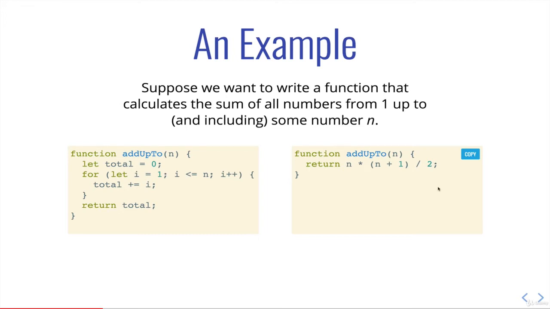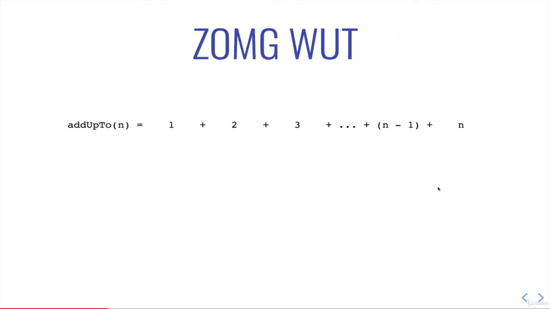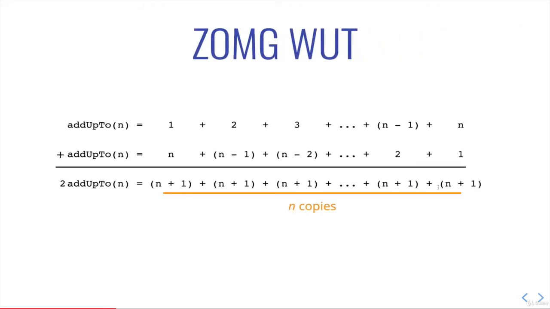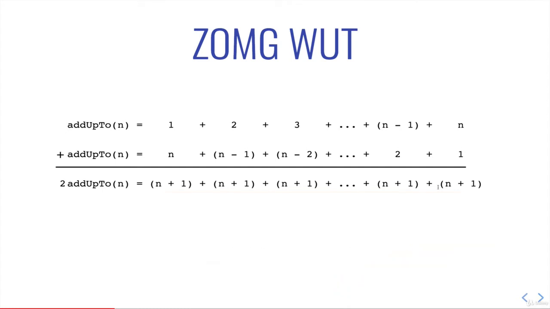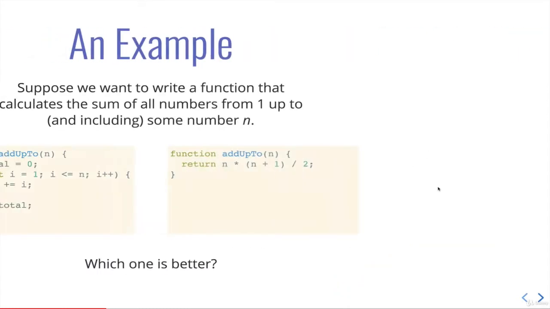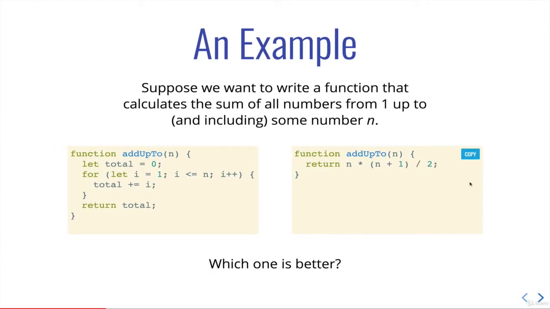And where this is derived from, I'm not going to go into. I do have a slide that talks about how we arrive at this formula. If you want to check it out, you can, but it's not the focus of this video. I don't want to distract from the actual focus, which is evaluating and comparing these pieces of code, not actually diving into how we write them.